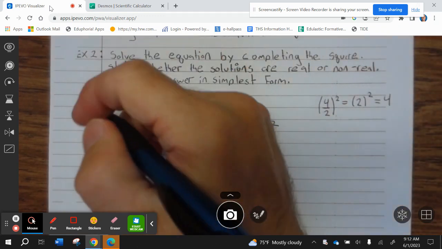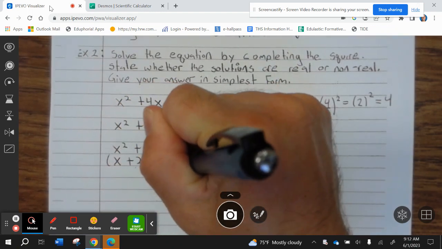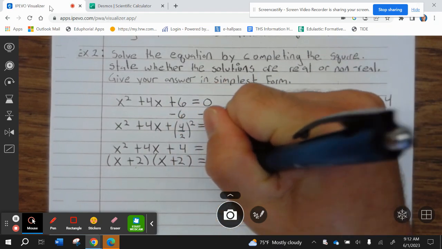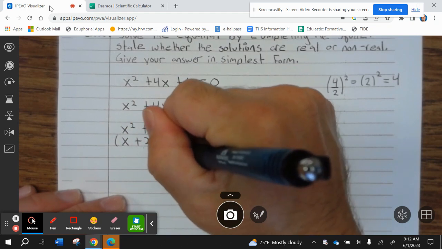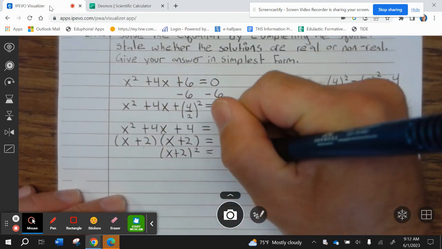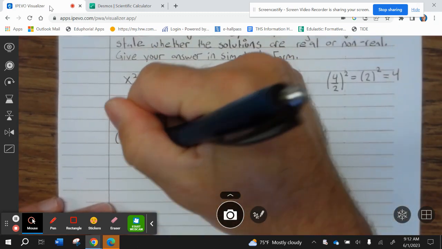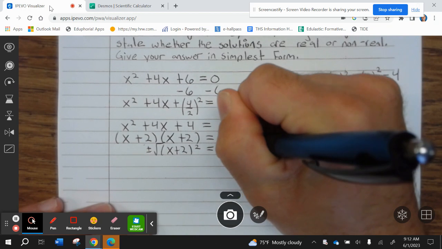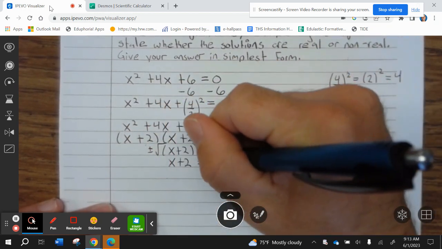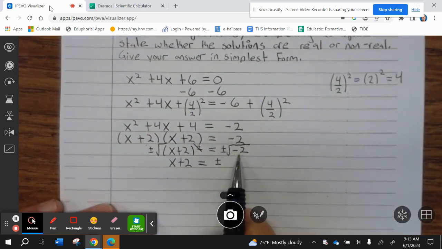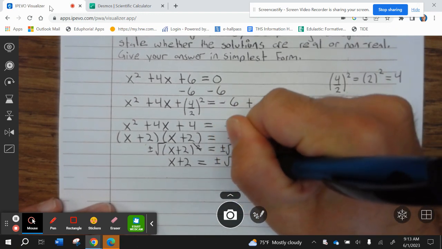That 2 is our factor, so this becomes x plus 2, x plus 2 equals negative 2. Well, this is x plus 2 squared equals negative 2. Take the square root of both sides, plus or minus. Cancels the square to get x plus 2 equals plus or minus. Now, the square root of negative 2 is the square root of 2i.